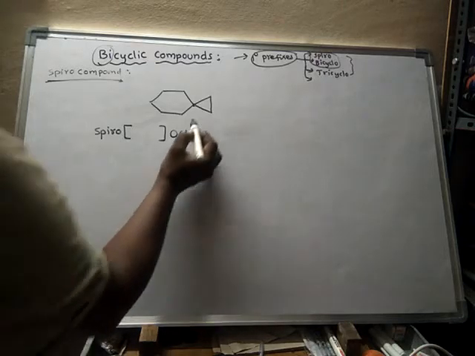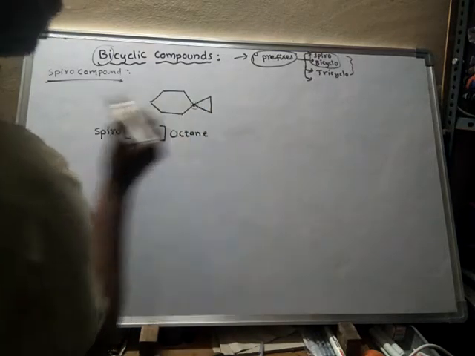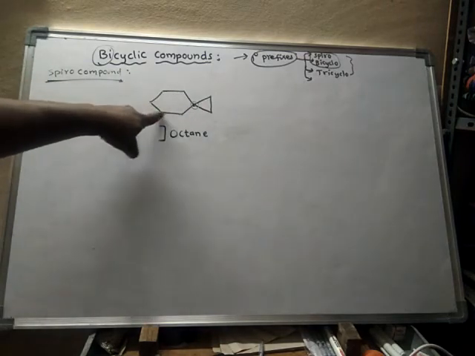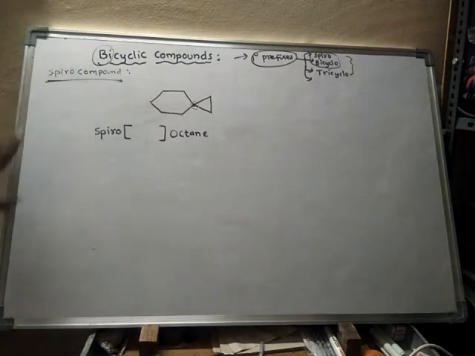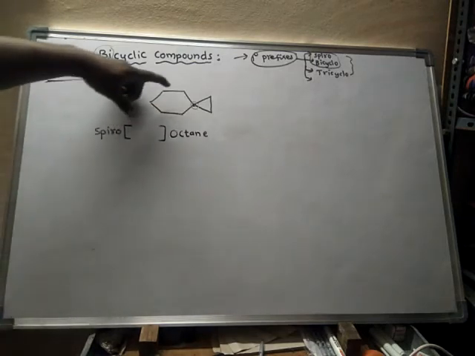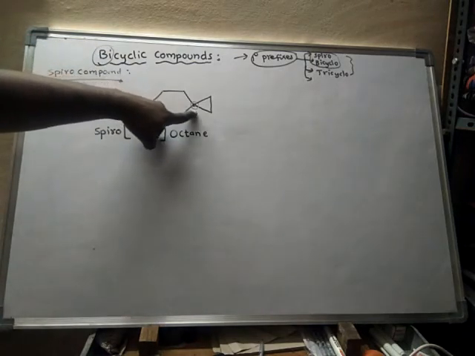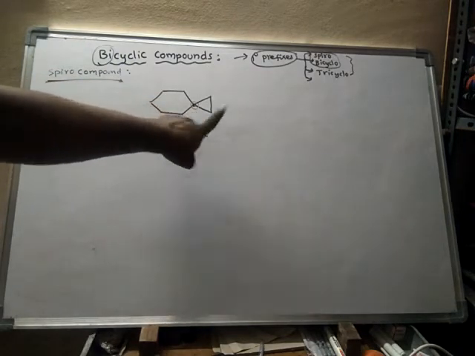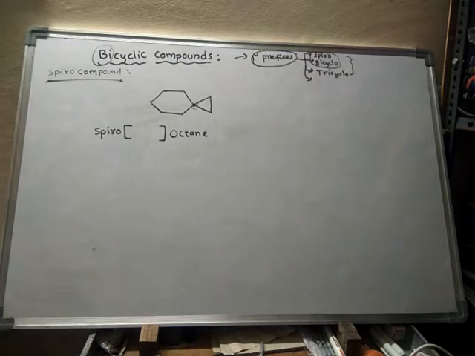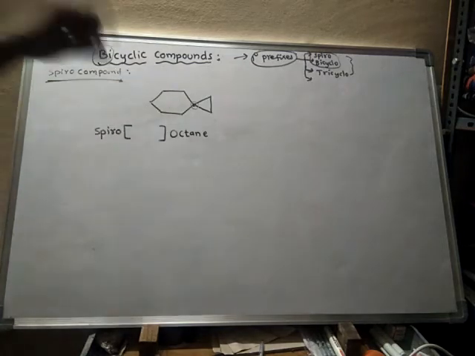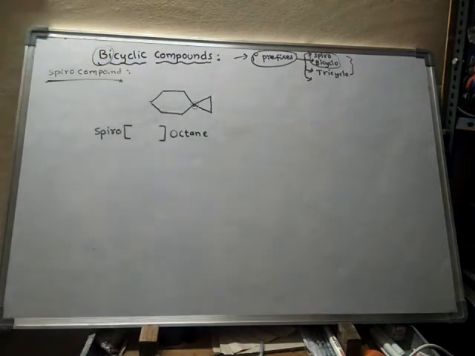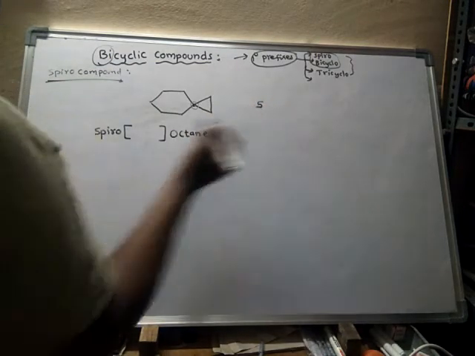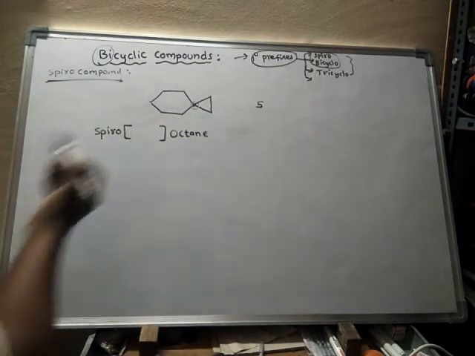But this carbon should be excluded. This carbon should not be written in this ring, nor in this ring, because it is present in both the rings. So leave this carbon and count now: 1, 2, 3, 4, 5 carbons are there. So one is a 5 carbon ring without counting this carbon.